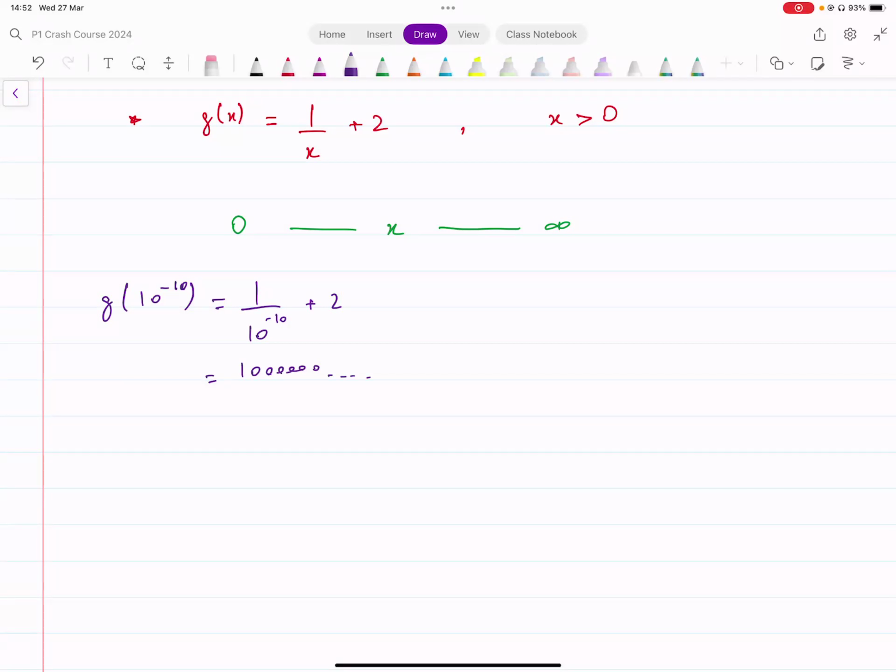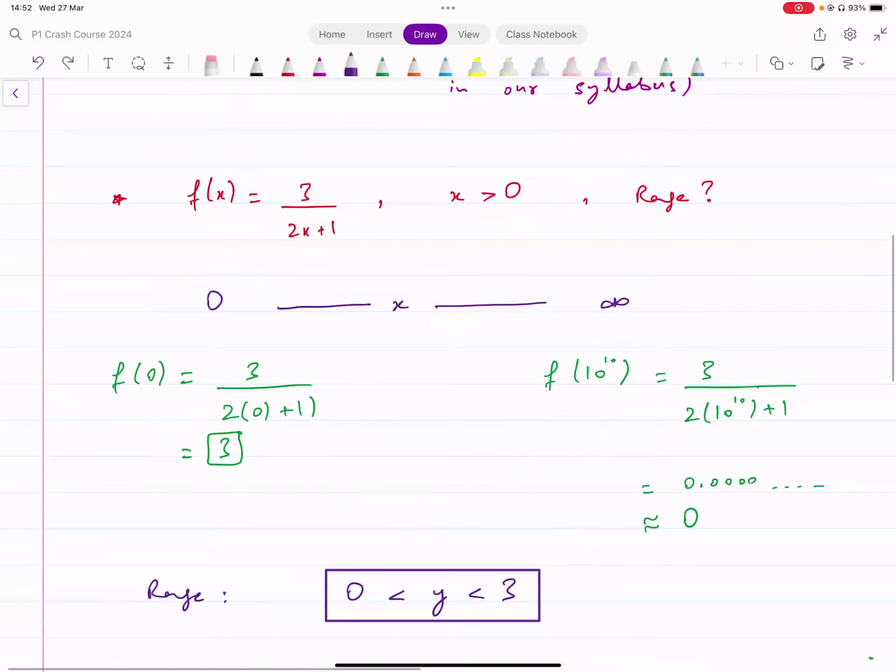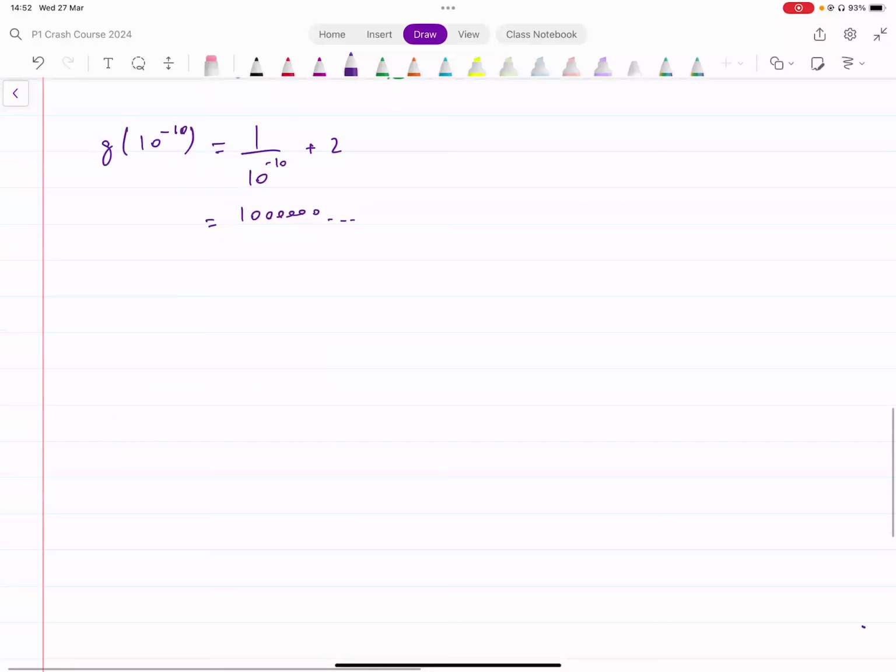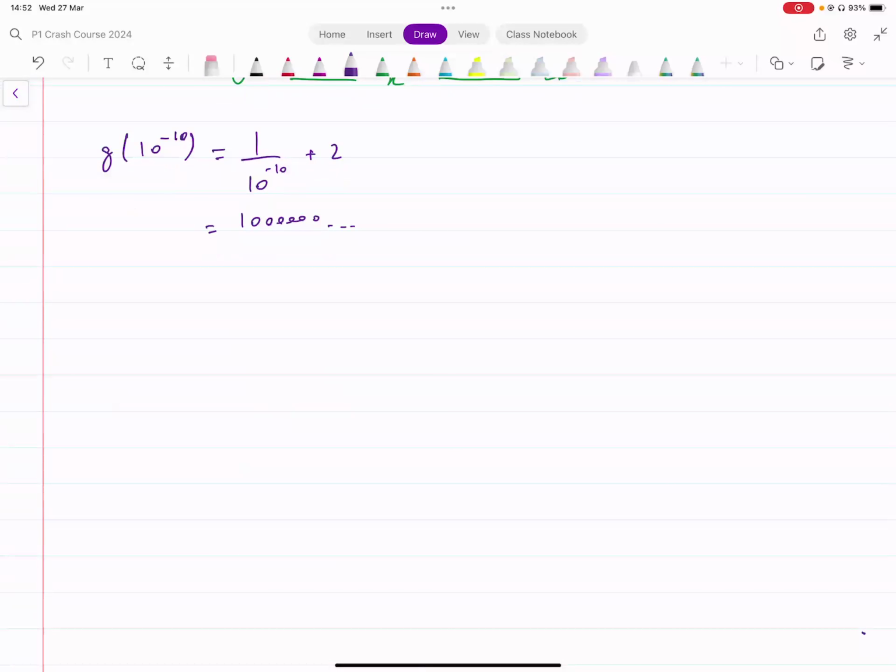Sir, it's 1 into 10 raised to power 10. 1 into 10 raised to power 10, but you also have plus 2 with that, no? So there's going to be a 2 at the end somewhere. Right, so it's 10 raised to power 10 plus 2. And that's an extremely large value. So what we need to understand is it's an extremely large value.